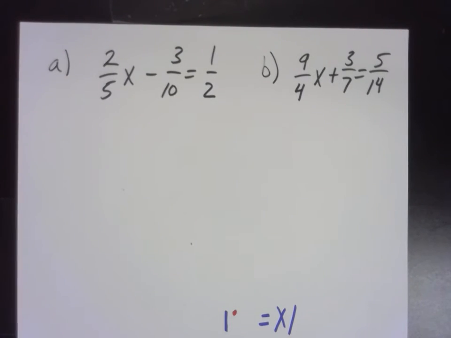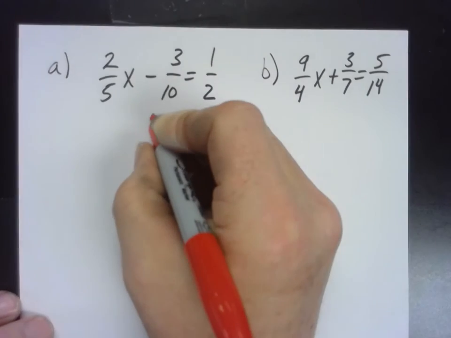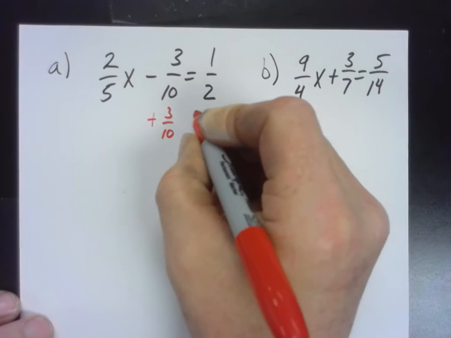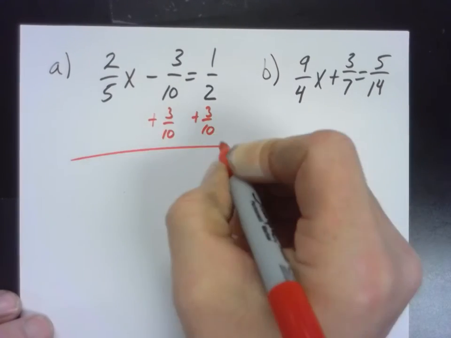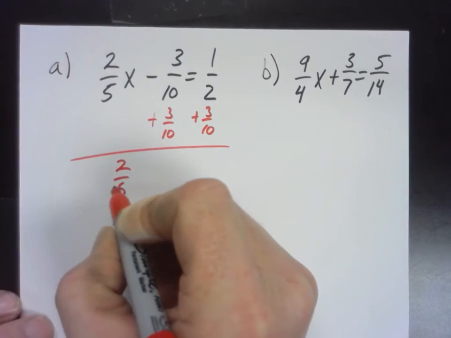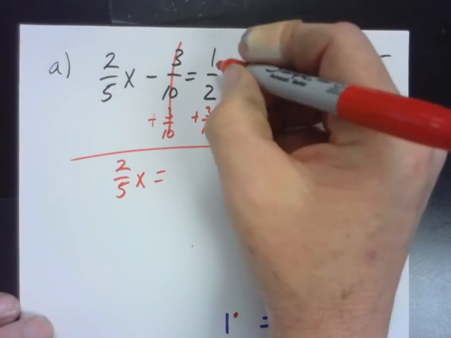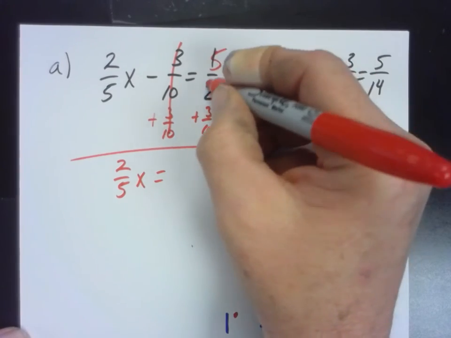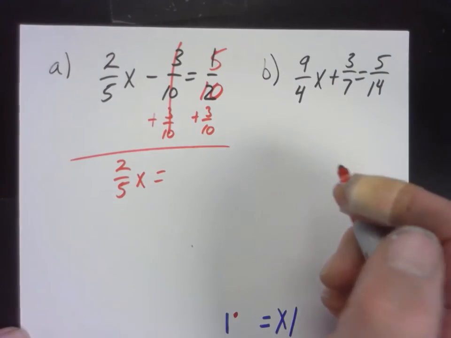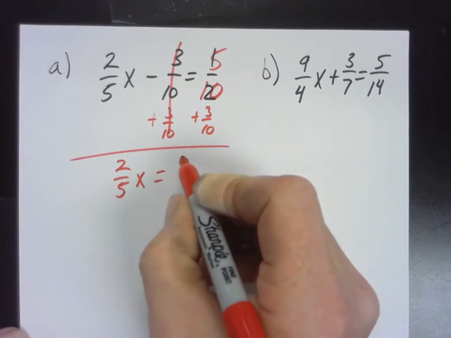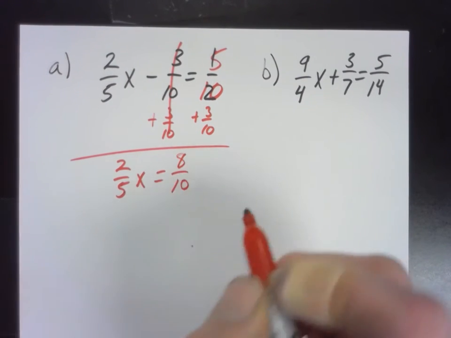Number A right here. So 2/5 x plus 0 equals, let's see, I think a half is 5/10. You guys agree? So 5 plus 3, that's 8/10. That wasn't too bad, was it?